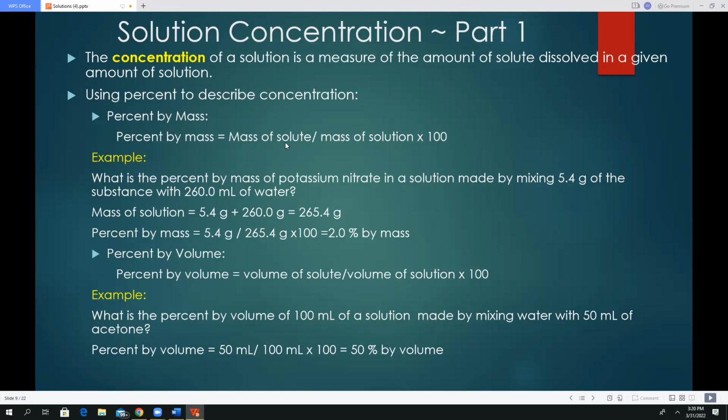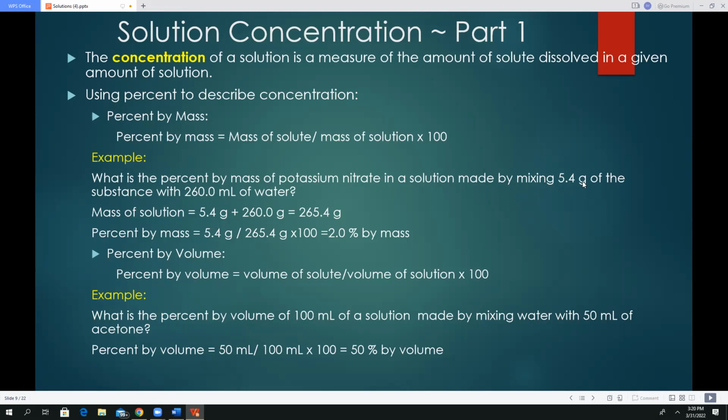So mass to mass, basically that's what that's called. Here's an example. You notice it says the percent by mass of potassium nitrate made by mixing 5.4 grams, over the mass of the solution. So that means you are going to add the two, top and bottom.